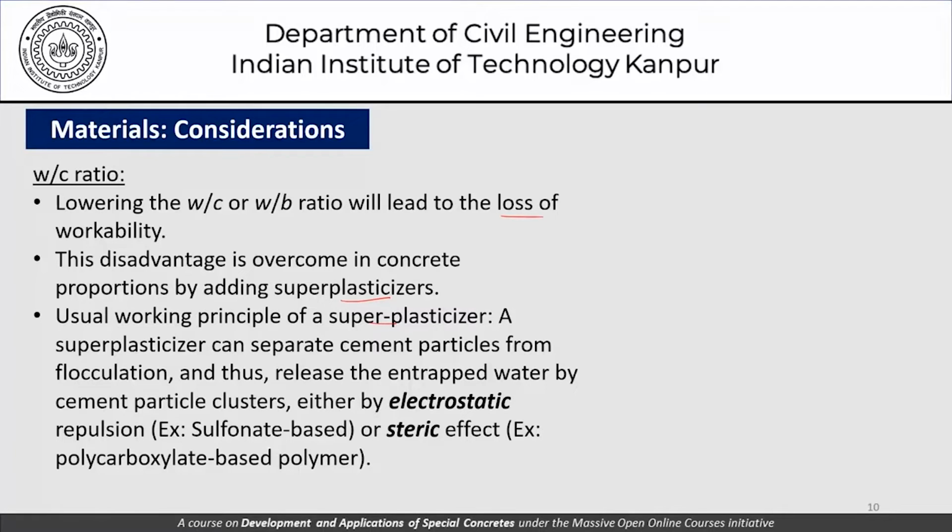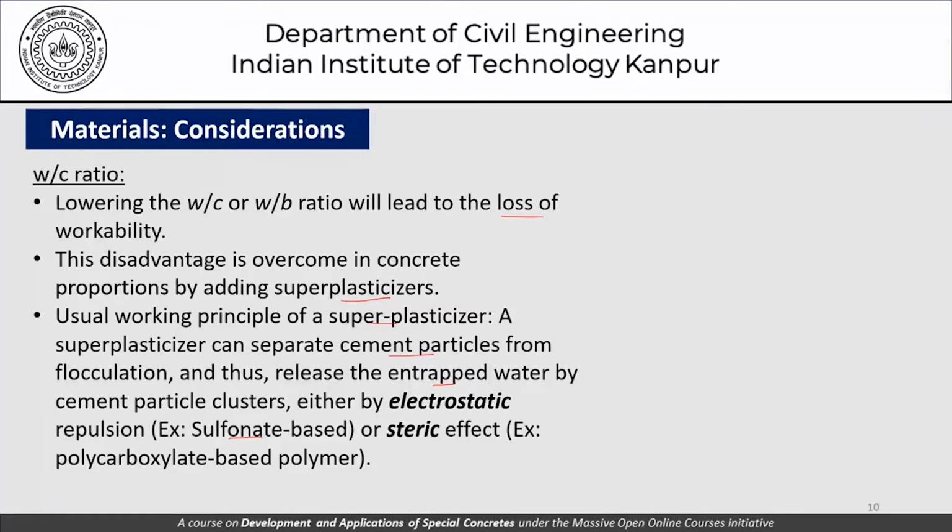A superplasticizer can separate cement particles from flocculation and thus release the entrapped water in the cement particle clusters either by electrostatic separation, which is the mechanism for sulfonate-based plasticizers, or the steric effect. And that is what happens in the case of polycarboxylate-based polymers or chemical admixtures.